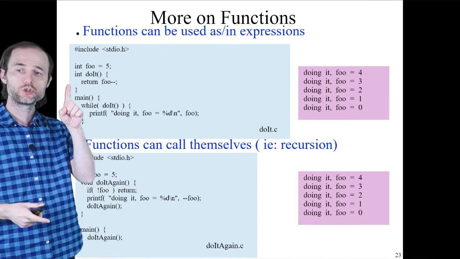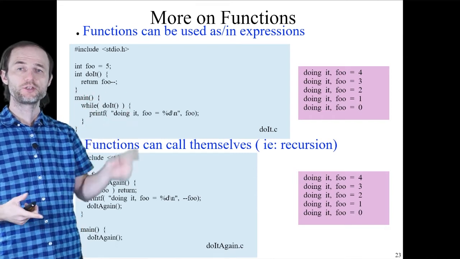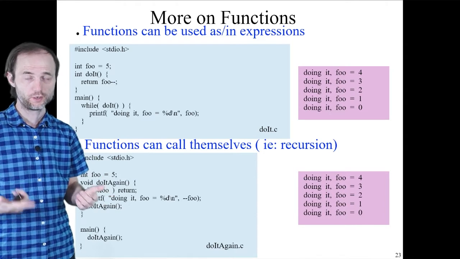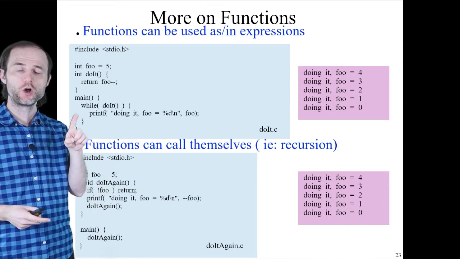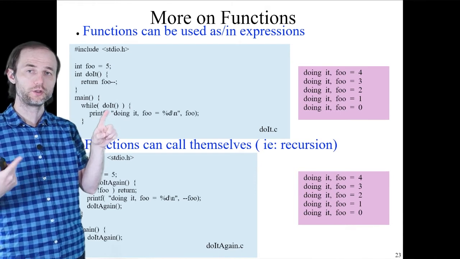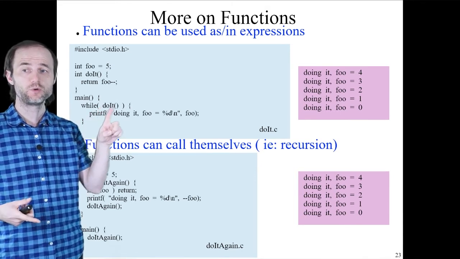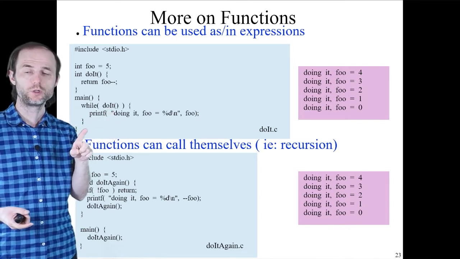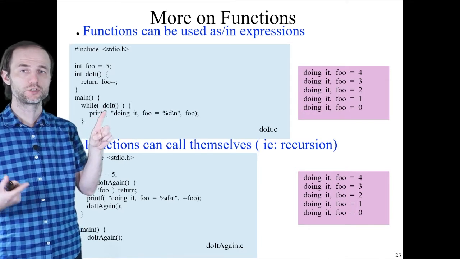And then we're going to declare a function, doIt, that returns the value of foo, after which it subtracts 1 from foo. And now in the main function, we can call the doIt function from inside the while loop expression, such that while will only iterate while doIt is non-zero.